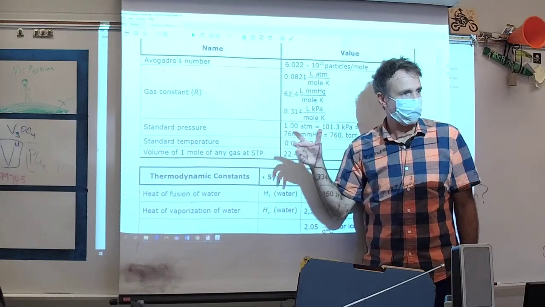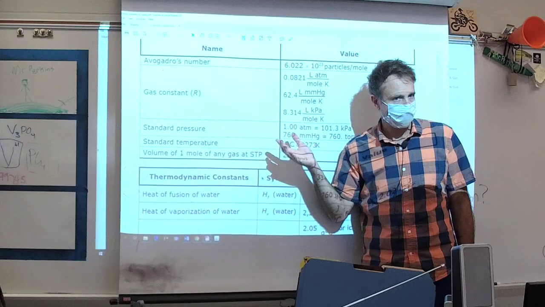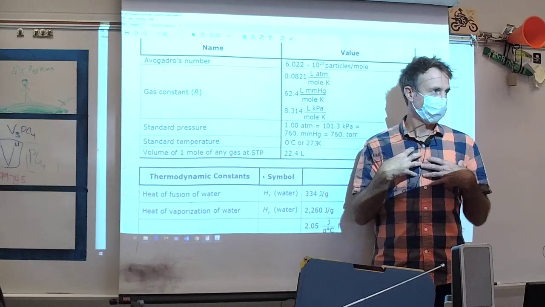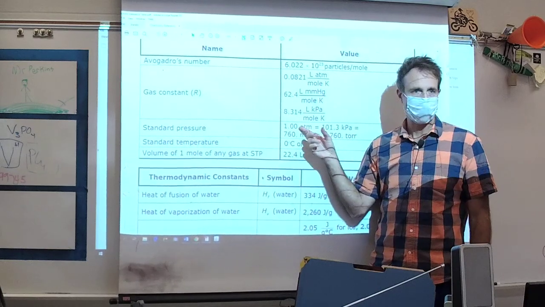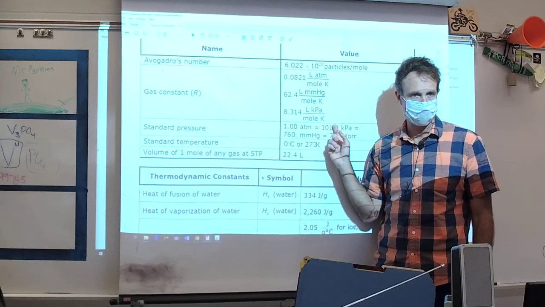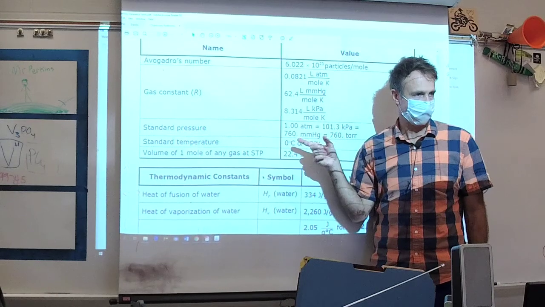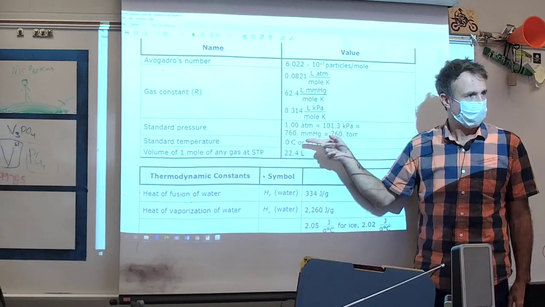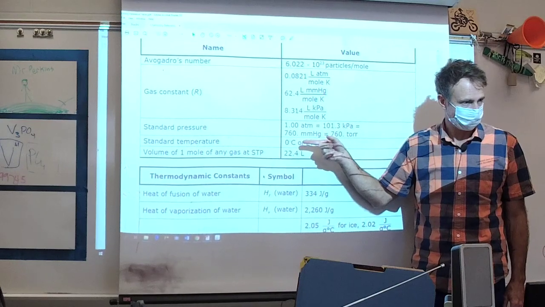Now these are 3 different ways that pressure's been measured in the past, but they all mean the exact same amount of pressure. Basically, the pressure in this room is 1 atmosphere, or 101.3 kilopascals, or 760 millimeters of mercury, okay? You've heard millimeters of mercury said on the news a bunch when they talk about the weather.